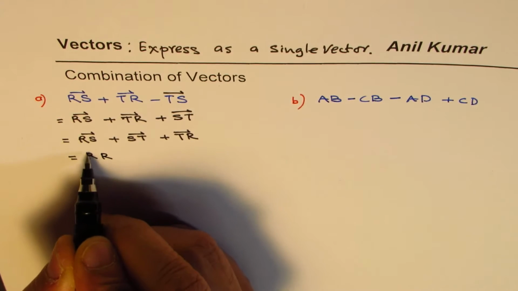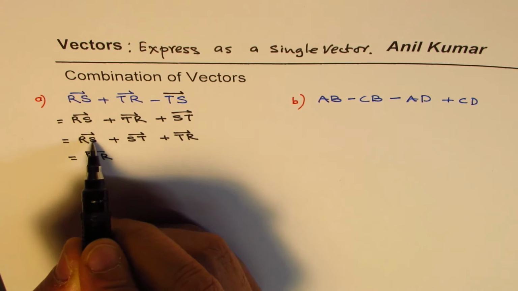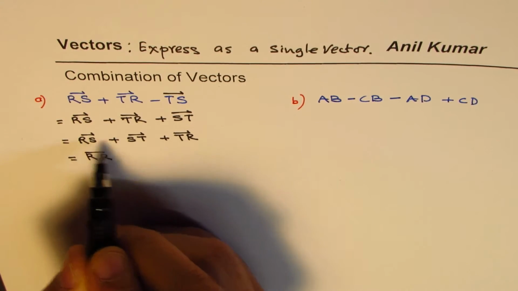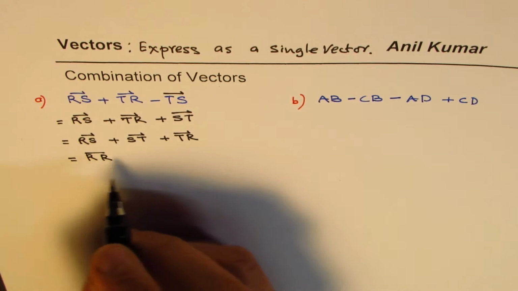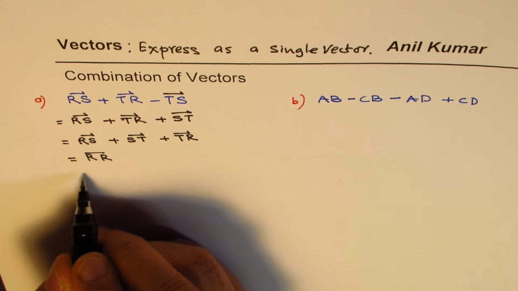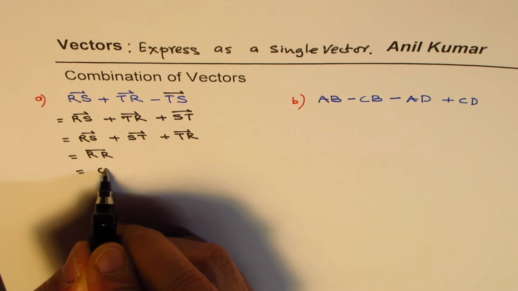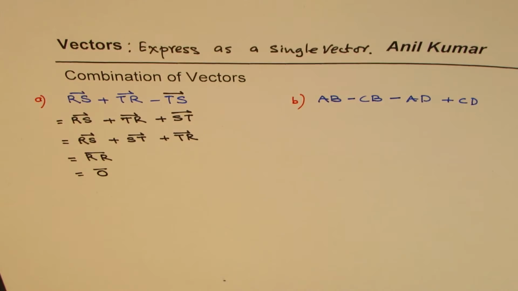So from R to S, S to T is R to T, and then T to R. That means R to R, right?